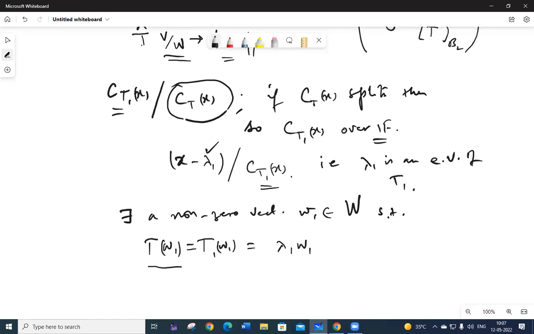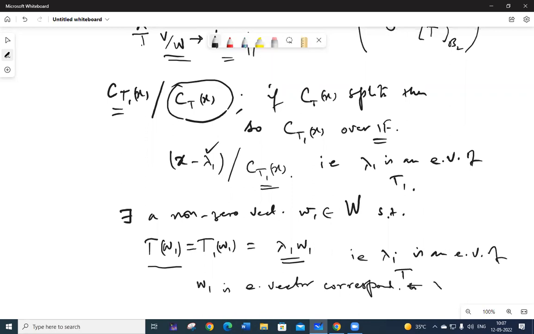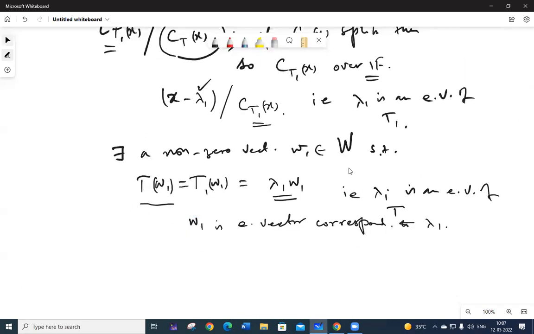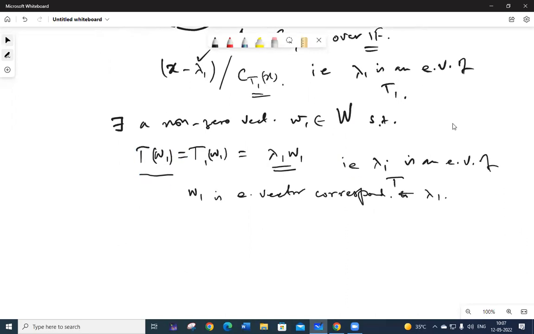If this is true, that means lambda 1 is an eigenvalue of T, and w1 is an eigenvector corresponding to this lambda 1, which lies in W. This is an eigenvector of T. So this meets the second part which we want to prove.